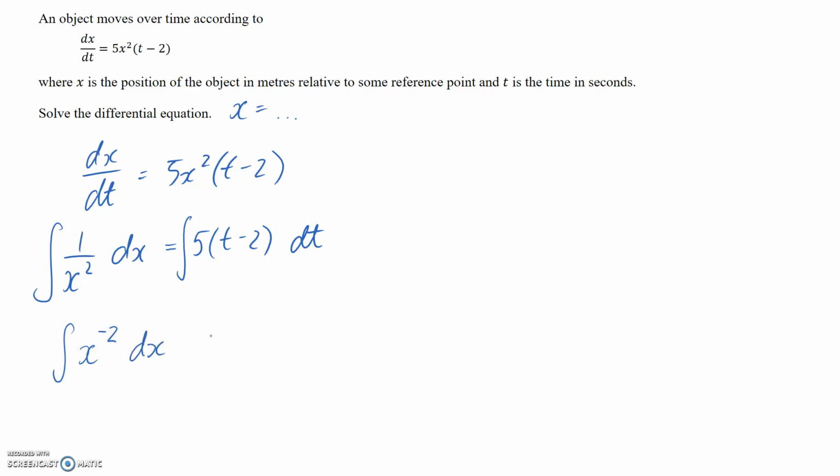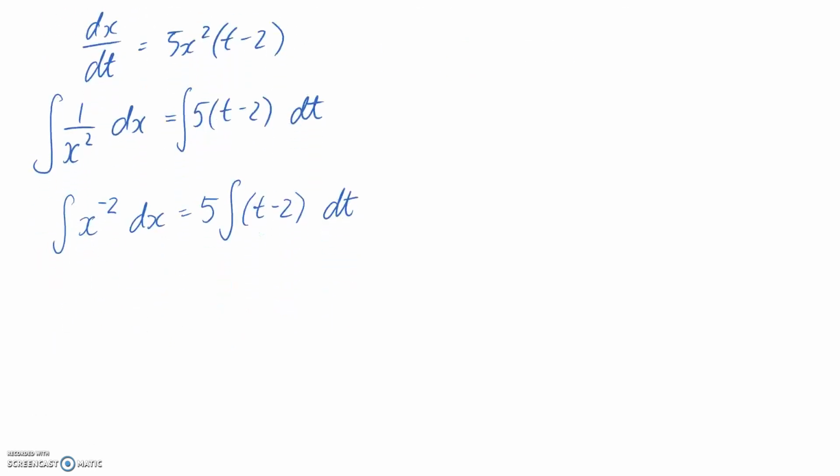All that changes is the sign on it. And on the right-hand side here, I could bring the 5, it's just a constant, out the front. And then all I'm going to have to integrate is the t minus 2 inside with respect to t.